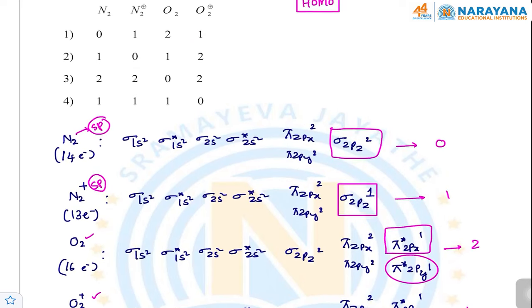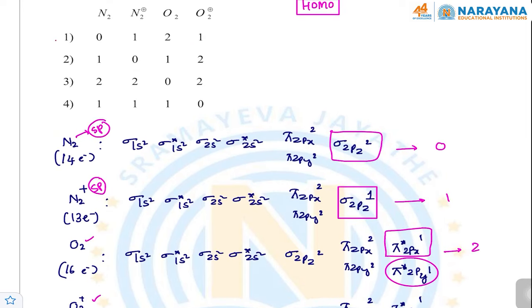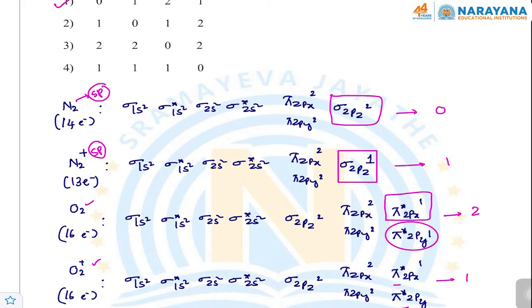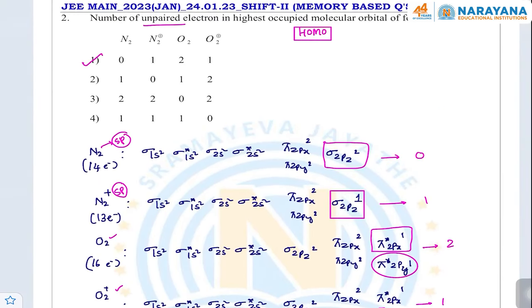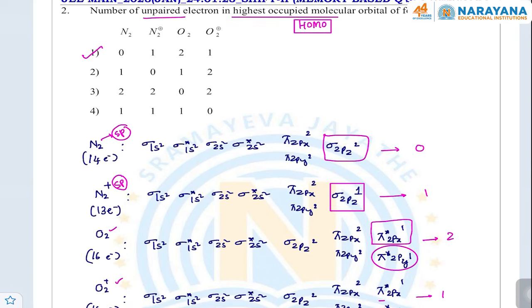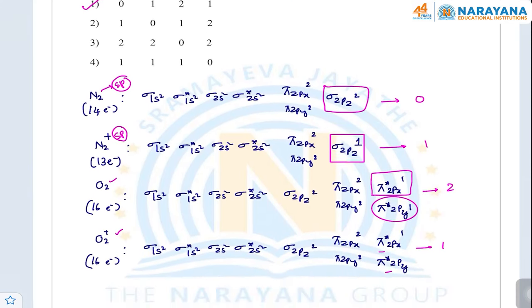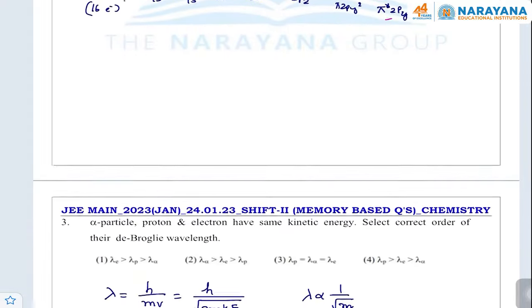So 0, 1, 2, 1. So this is a simple question, repeated question. You just understand what is HOMO. HOMO is highest occupied molecular orbital. Electron is removed from HOMO or LUMO here. So number of unpaired electrons will be different.